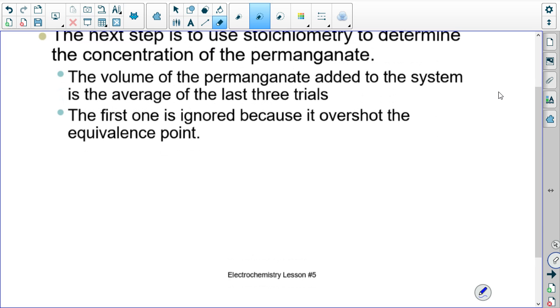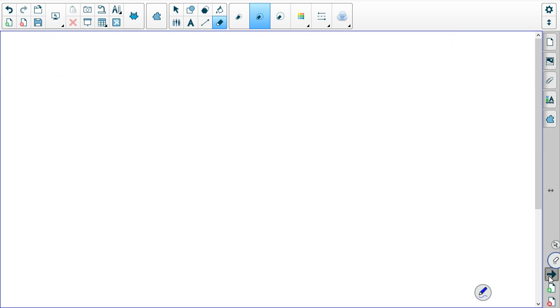Stoichiometry, determine the concentration. So step 2 in stoichiometry, find what you know. So what do we know?